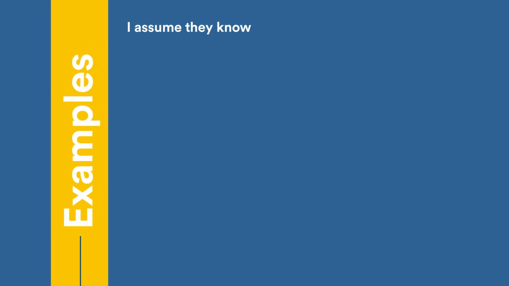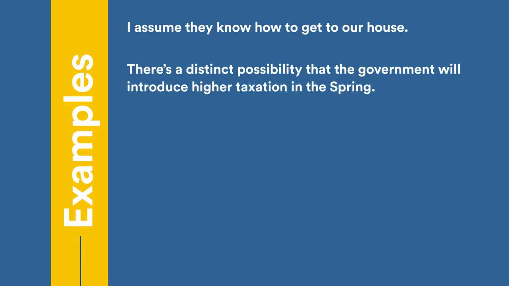Here are some examples. I assume they know how to get to our house. There's a distinct possibility that the government will introduce higher taxation in the spring. We're bound to find a petrol station soon.